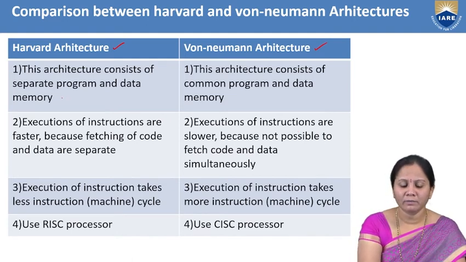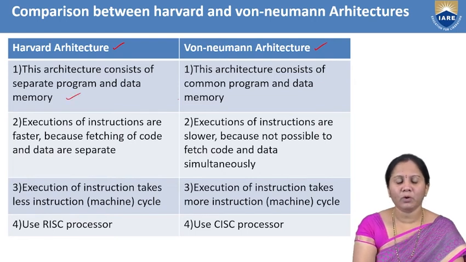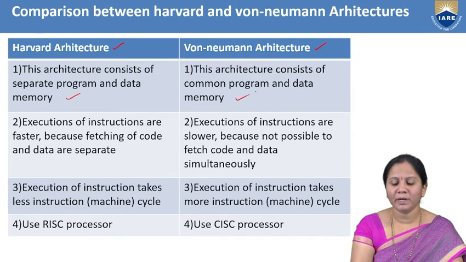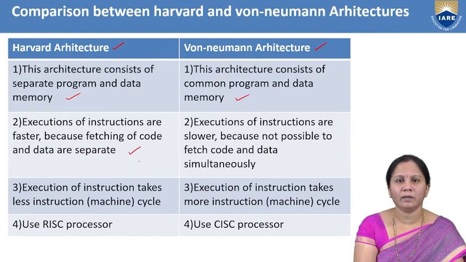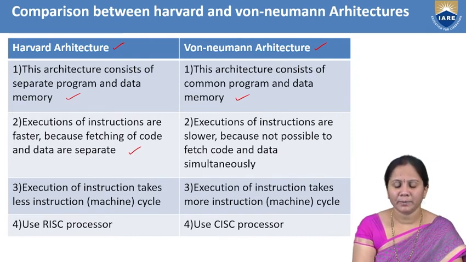So hardware architecture consists of separate program memory and data memory, whereas Von-Neumann architecture consists of common program memory and data memory. In hardware architecture, execution of instructions is faster because fetching of the code and fetching of the data can be done easily because they reside separately.